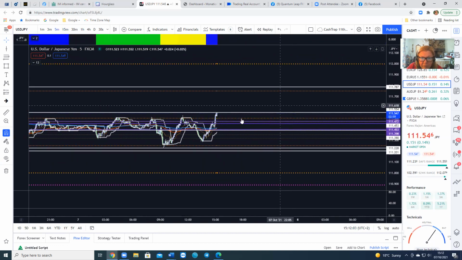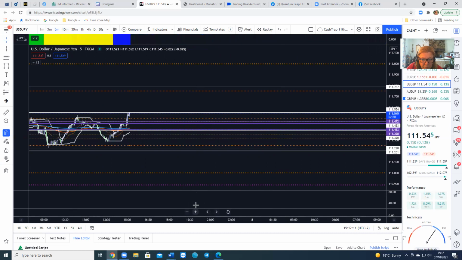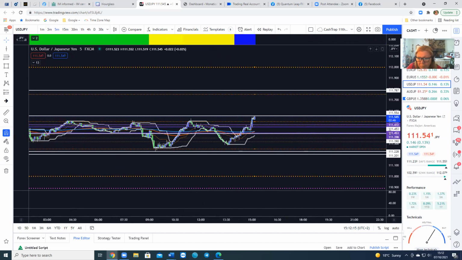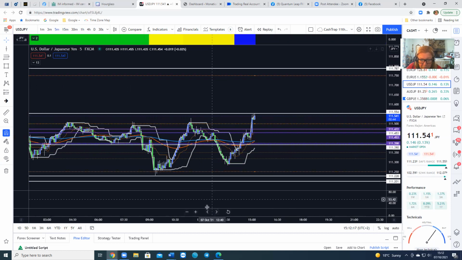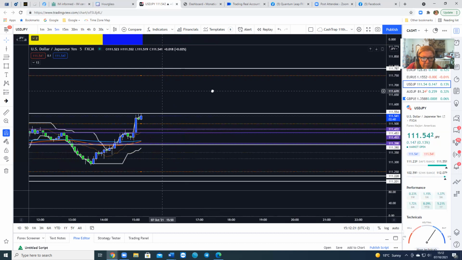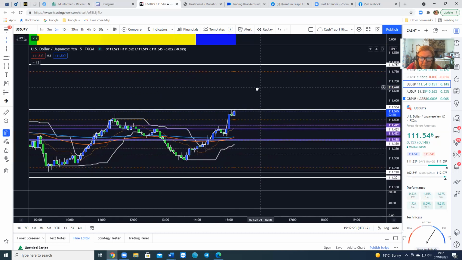So what we want is it to come back to that 503 level and then take it for a call, which is a buy in binary terms. Just make that a bit bigger so we can see what we're doing.